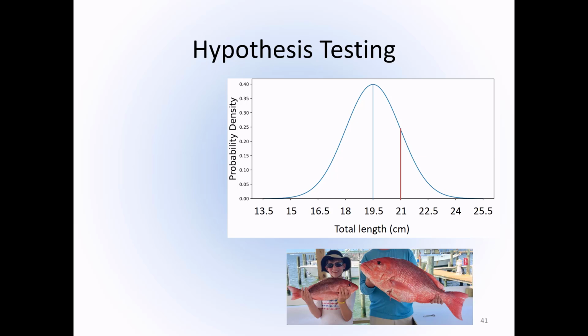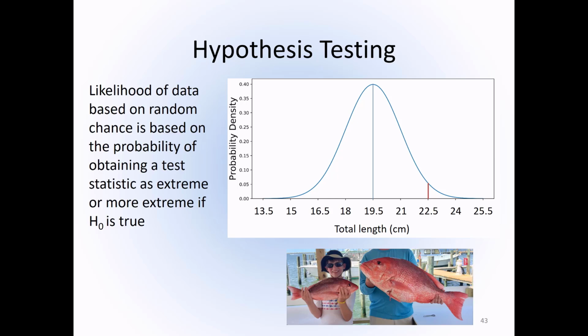It seems like by random chance we might have just caught these fish on a really good day. But let's say that our mean happens to be 3 centimeters larger. Well, we're moving further towards the extreme of the distribution, and so the likelihood that we're getting this extreme value by random chance is decreasing.